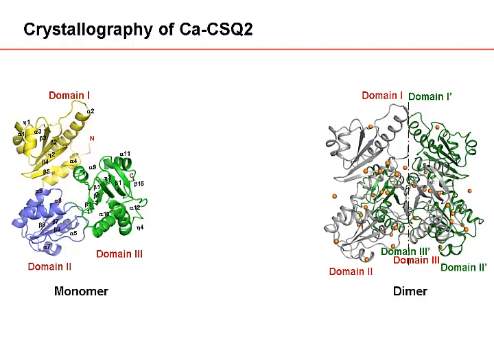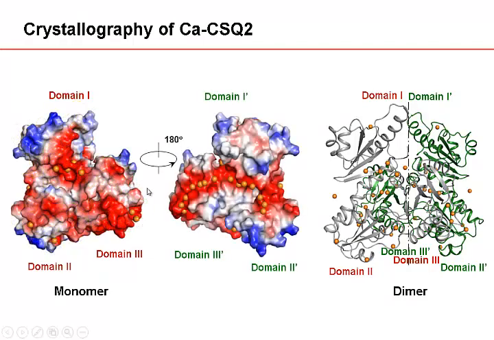These calcium ions are distributed on both sides of a CSQ2 monomer, binding to negatively charged amino acid residues, which are marked in red. Notably, on the interface side of a monomer, the negatively charged residues are aligned to form an arc-shaped groove hosting a line of 15 calcium ions.